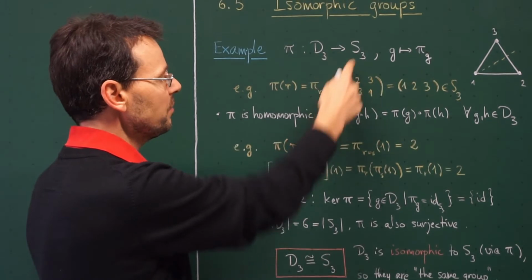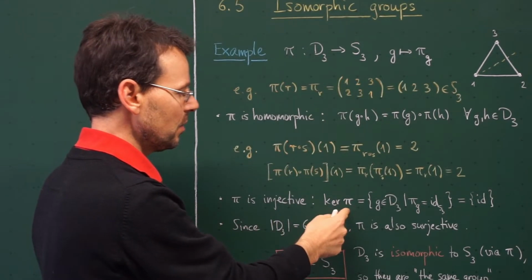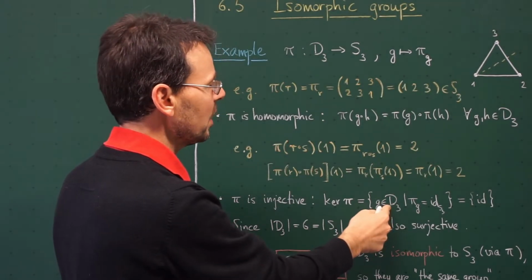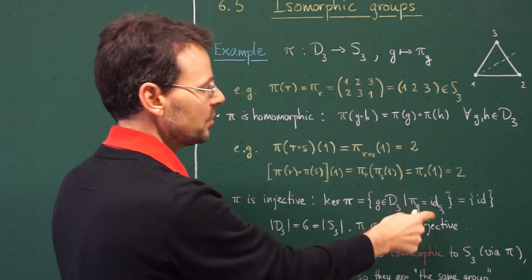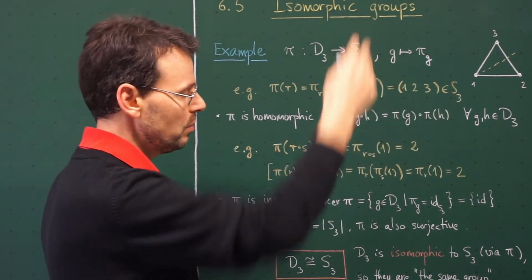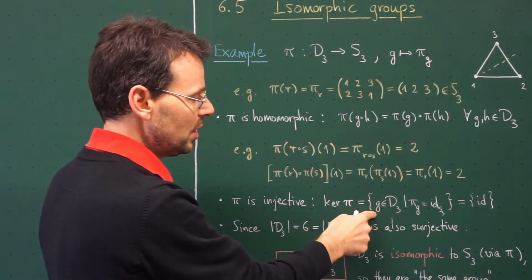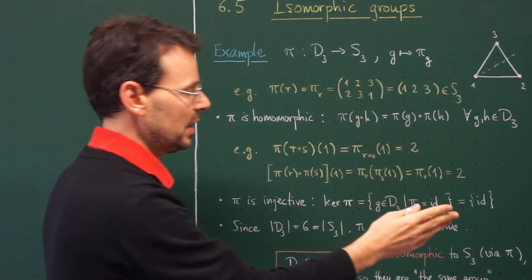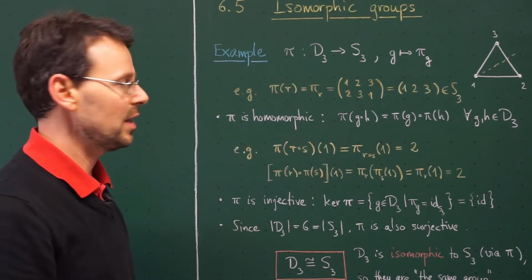Now this homomorphism is clearly injective. We just have to take a look at its kernel. The kernel consists by definition of all elements here that get mapped to the neutral element here, so the identical permutation that leaves 1 on 1, 2 on 2, 3 on 3. But clearly the only symmetry that moves no vertex at all is the identical symmetry, which just leaves the triangle as it is.